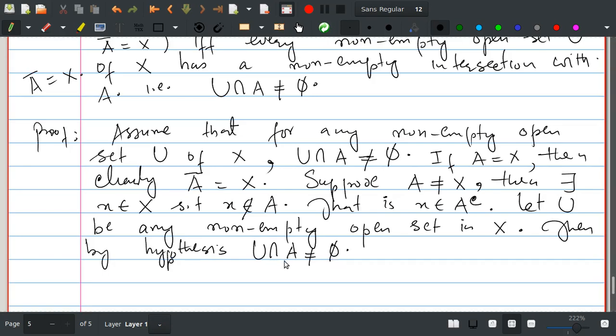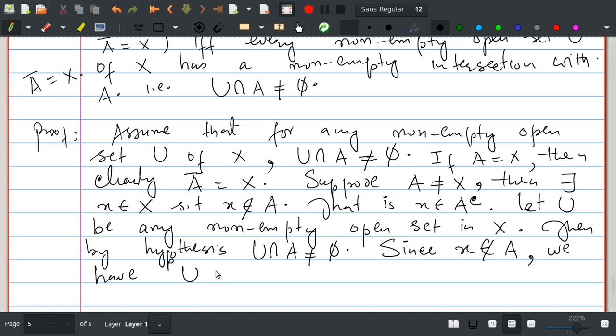So if this is non-empty and x is not an element of A, we get, since x is not in A, U minus x intersection A is also non-empty, because this x is not in A. If x had been in A, then this intersection, say a singleton x, would become empty after removing x.